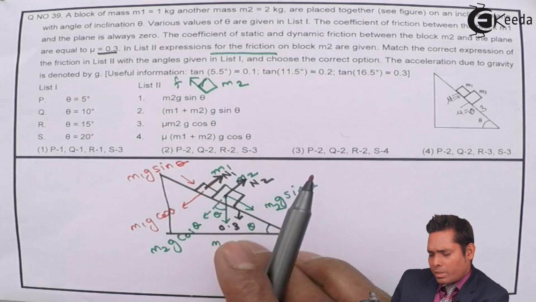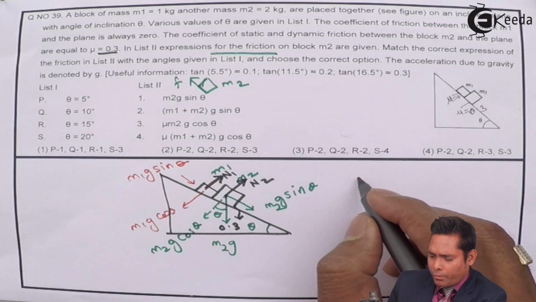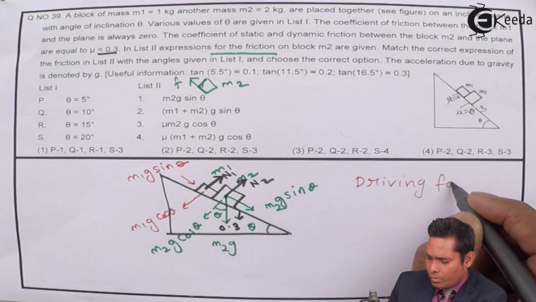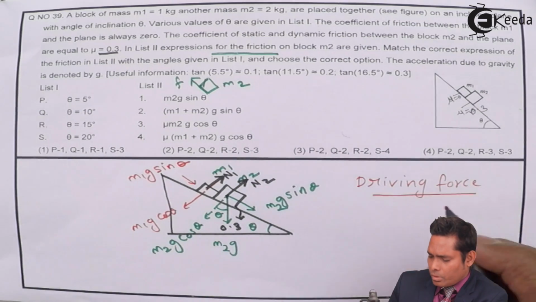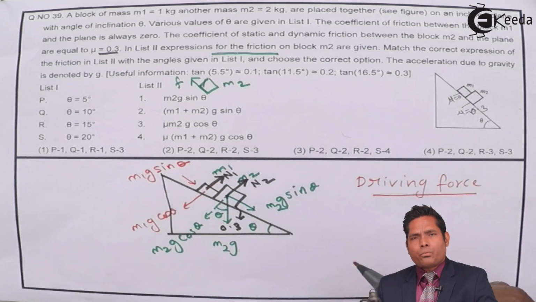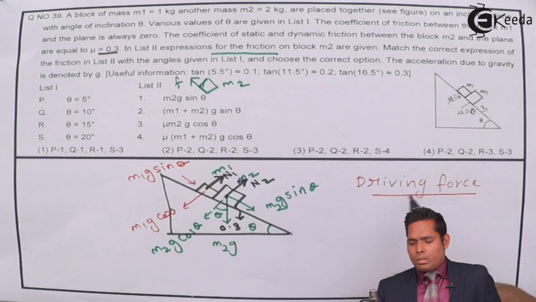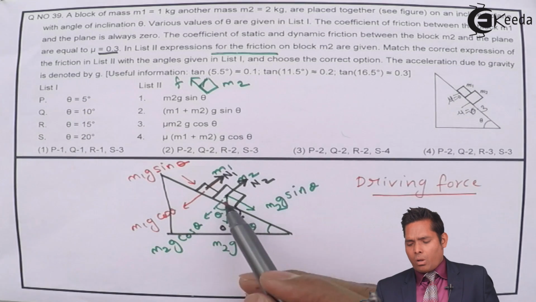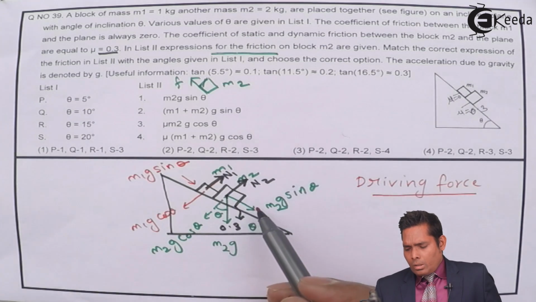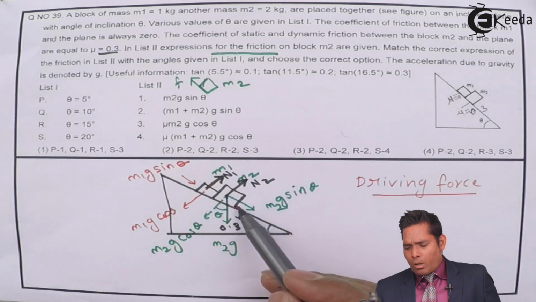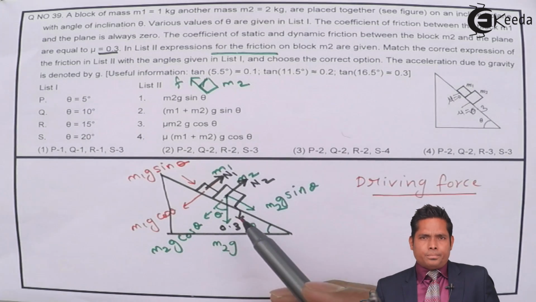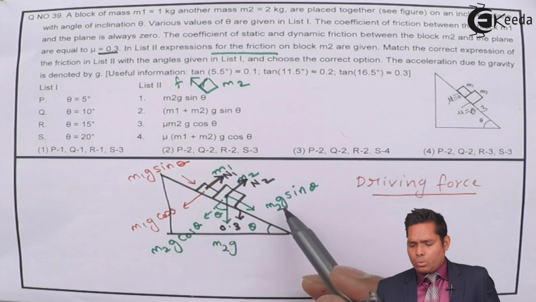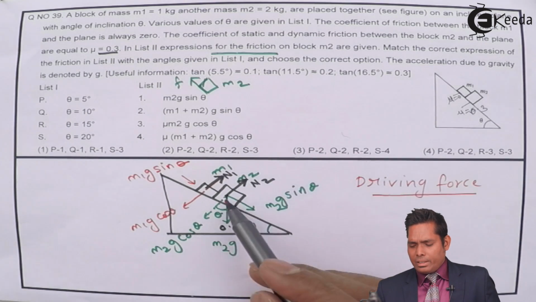Now what is the driving force? So first of all we have to find the driving force down the plane, what force is responsible for the motion or impending motion of this block. Now in this direction, this block is subjected to m2g sine theta.